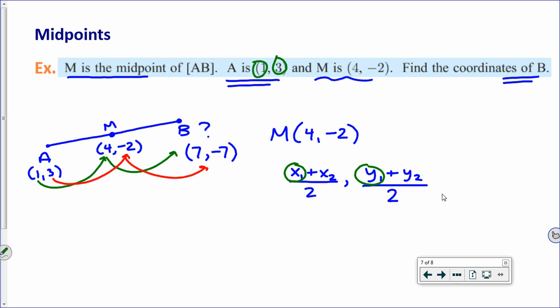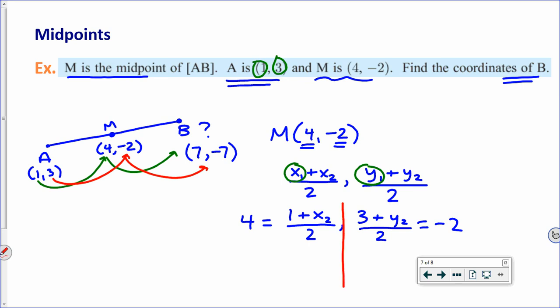So I could rewrite this as 1 plus the other x divided by 2 and 3 plus the other y divided by 2. And I know that it's supposed to come out to 4 for the x coordinate and negative 2 for the y coordinate. These are each equations that you can solve.